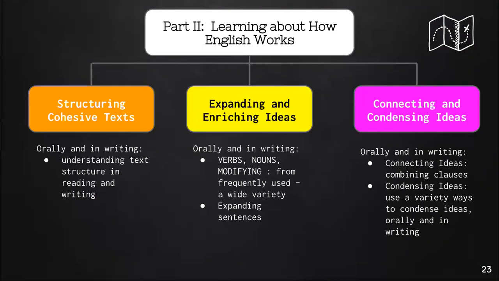In structuring cohesive text, they're both orally and in writing, understanding text structure as they're reading or being read to, and also creating that structure when they're creating their own writing, expanding and enriching ideas, both orally and in writing.